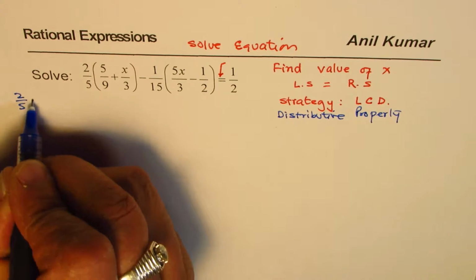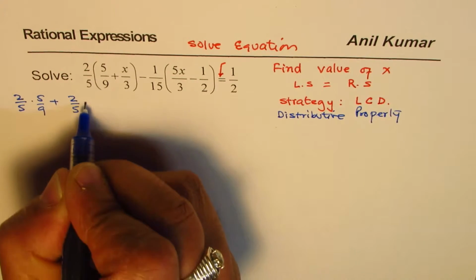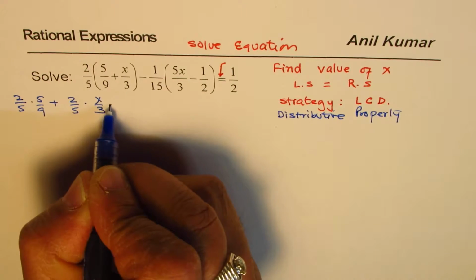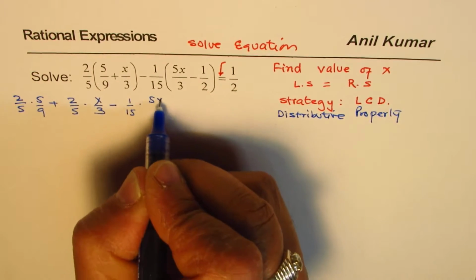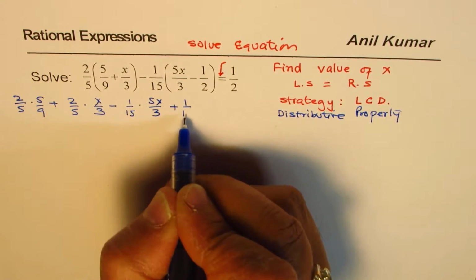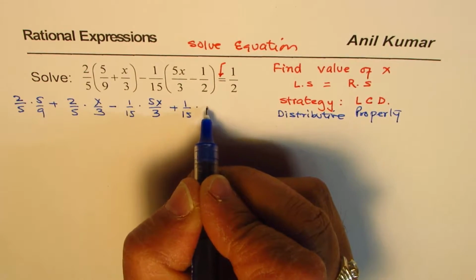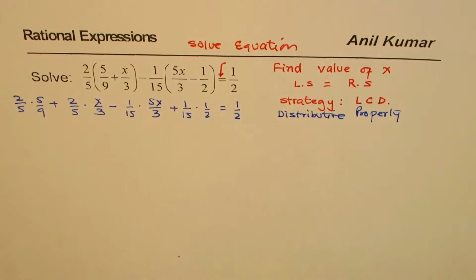So we have 2 over 5 times 5 over 9 plus 2 over 5 times x over 3 minus 1 over 15 times 5x over 3. Minus minus becomes plus, so we could write this as 1 over 15 times 1 over 2 equals to half. So this is what we get.